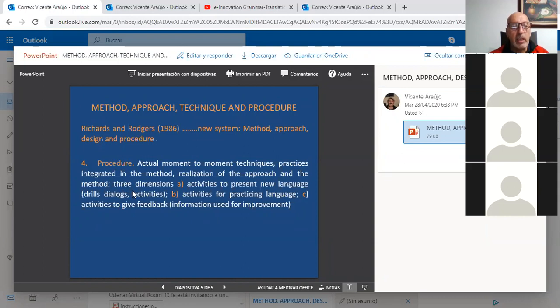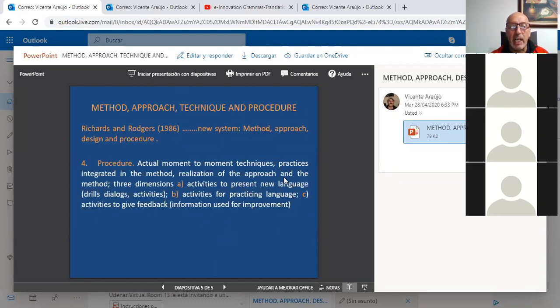And procedures have 3 dimensions. The first, there are activities to present new language. How are you going to teach for the first time a new piece of language? For example, comparatives. So you have to select in advance the activities that you are going to use to present for the first time this new language piece. For example, drills, dialogues, and activities.